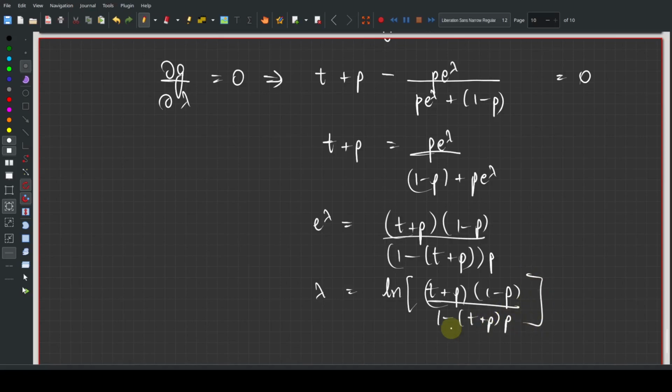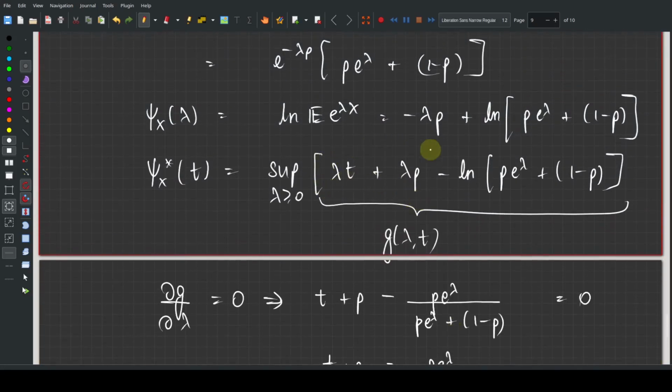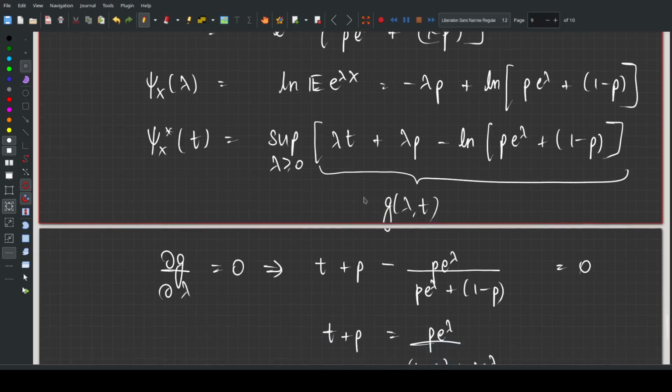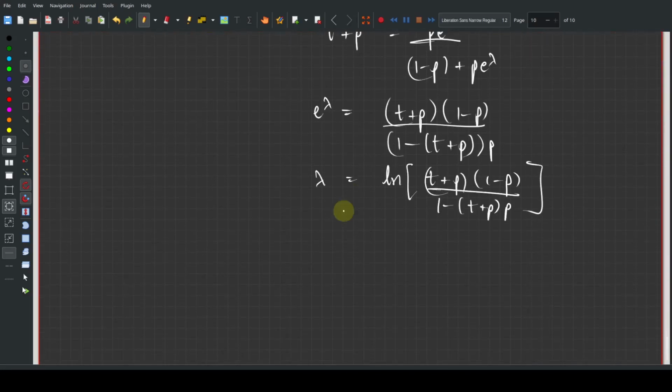Okay, this looks a bit complicated, but let's plug it in, right? So I have lambda times t plus p. Let me call this lambda star.